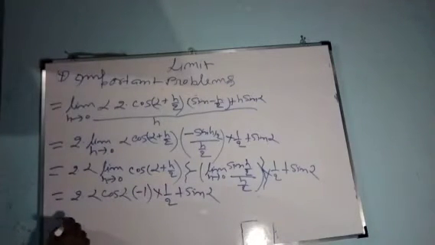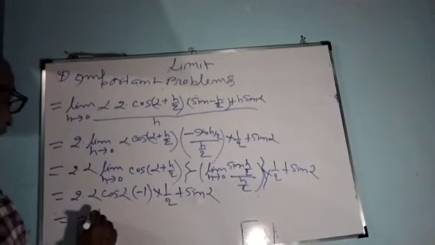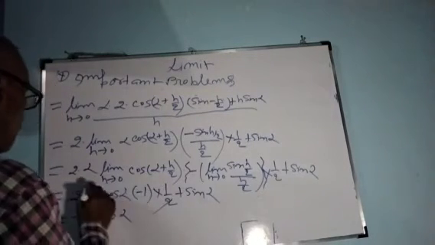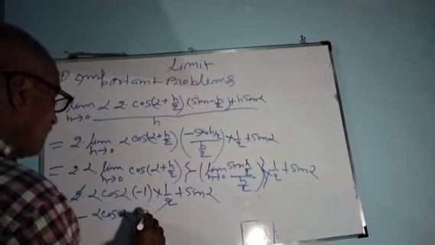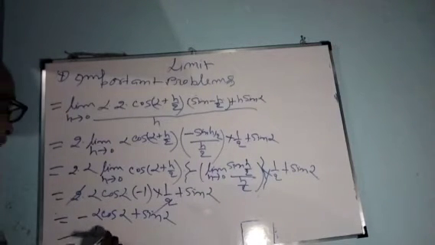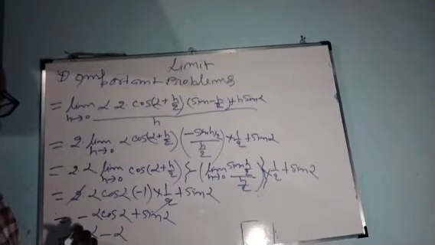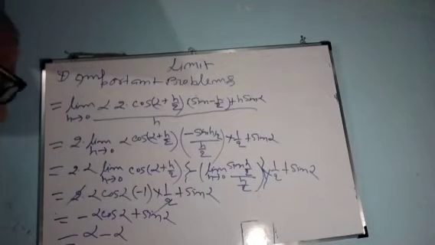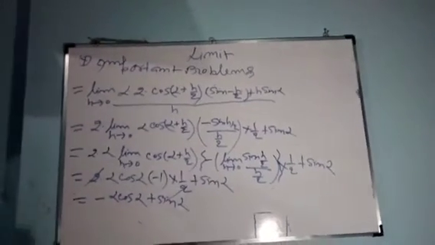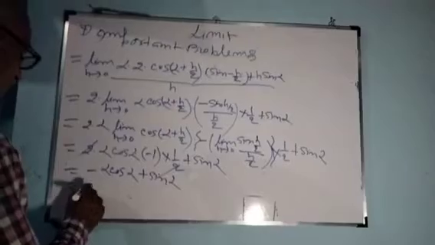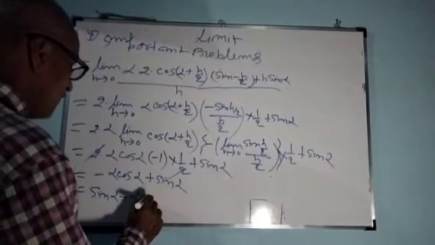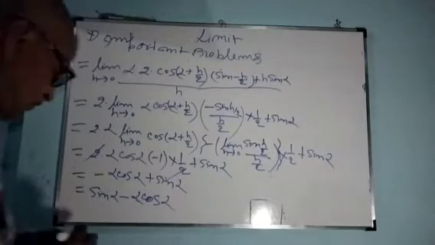This is equal to minus alpha cos alpha, 2 cancel, plus sine alpha. This is equal to alpha minus alpha, this is equal to sine alpha minus alpha cos alpha.